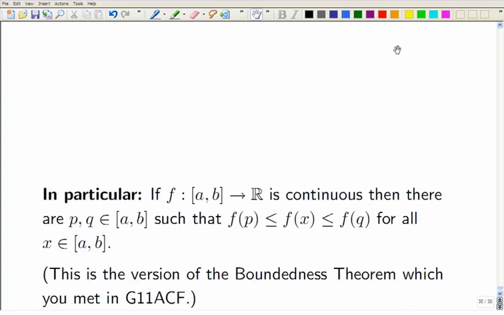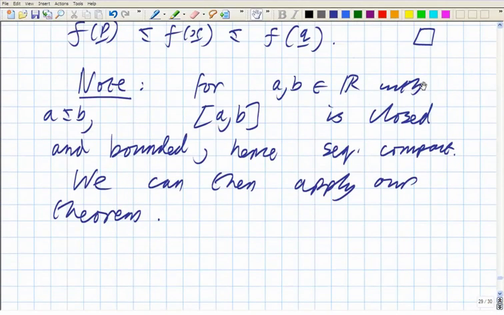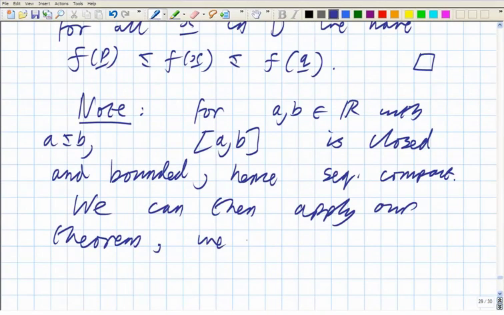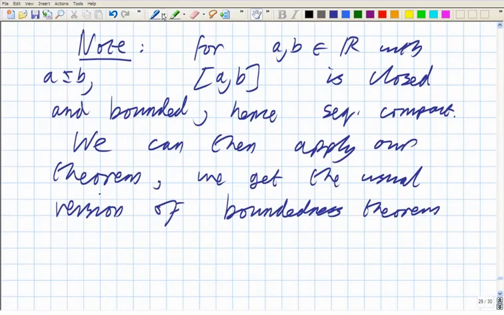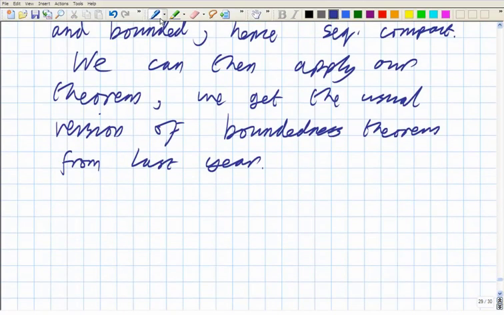That if you've got a continuous real-valued function defined on a closed and bounded interval, then it takes a maximum value and a minimum value amongst all the values it takes on the closed and bounded interval. So here's a sketch that helps you with this one.